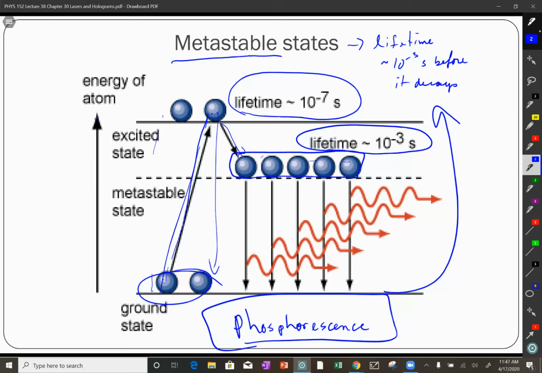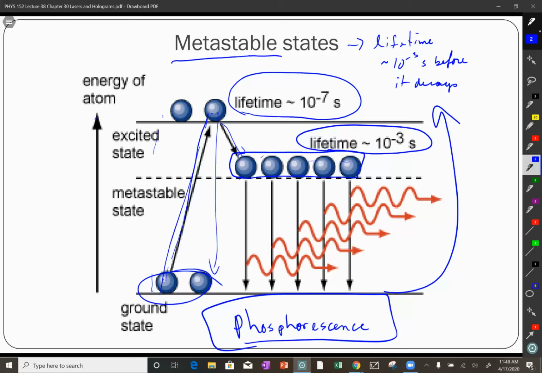It could be longer. It could be a second, or it could be hours. And so we have some things that are, quote, glow in the dark. They glow in the dark because you have light shining on them. For instance, you have a room light, and that room light is photons that range throughout the visible spectrum. And those photons will excite atoms to higher energy states that are metastable with lifetimes that might be on the order of an hour.